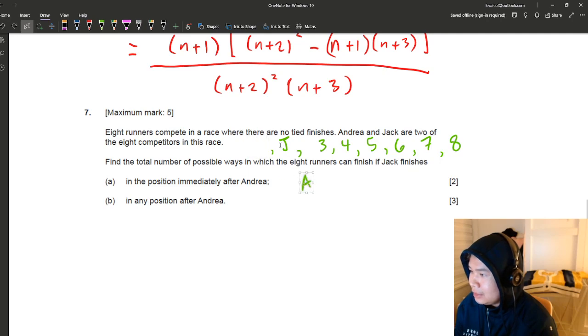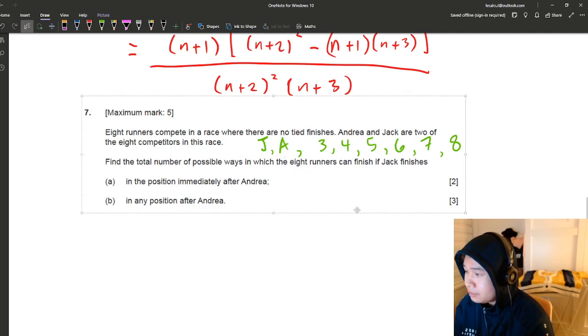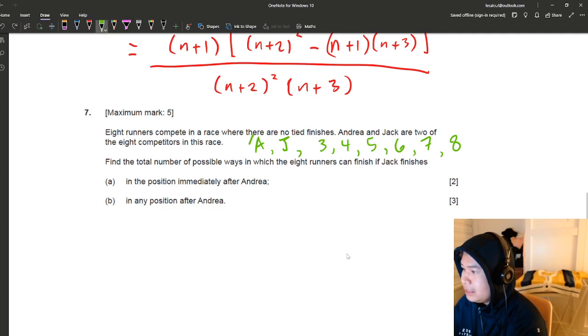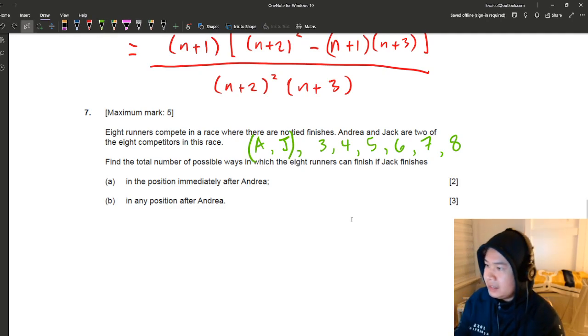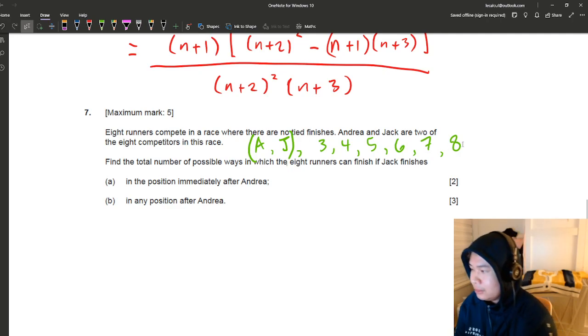So what we do is we basically package them together, making sure that Jack finishes after. So we consider these guys one item. And so what you're really doing is you're arranging 1, 2, 3, 4, 5, 6, 7 groups. And the way that they're arranged right here, Jack is after Andrea, so this is just 7 factorial.